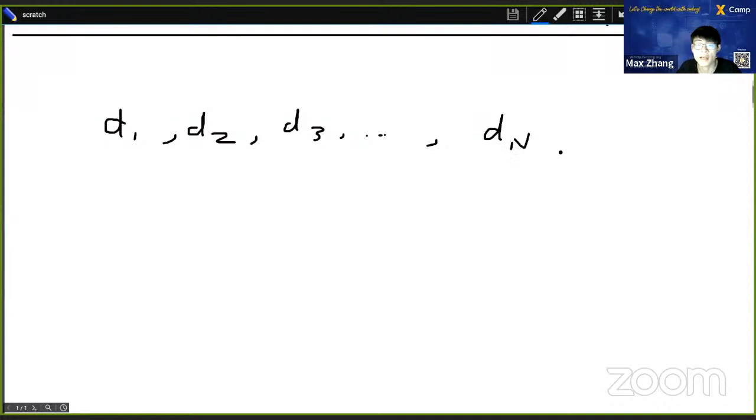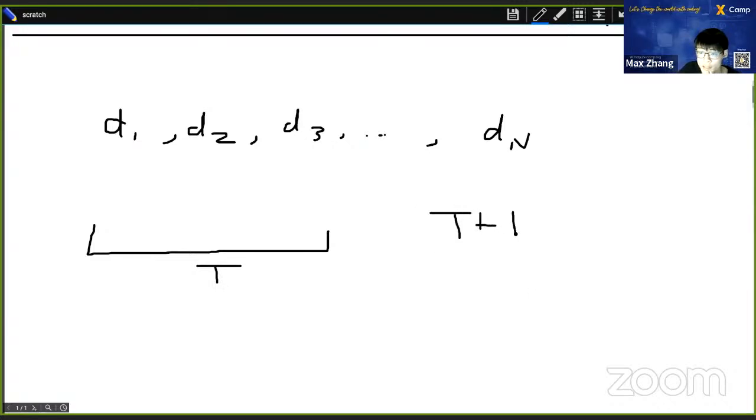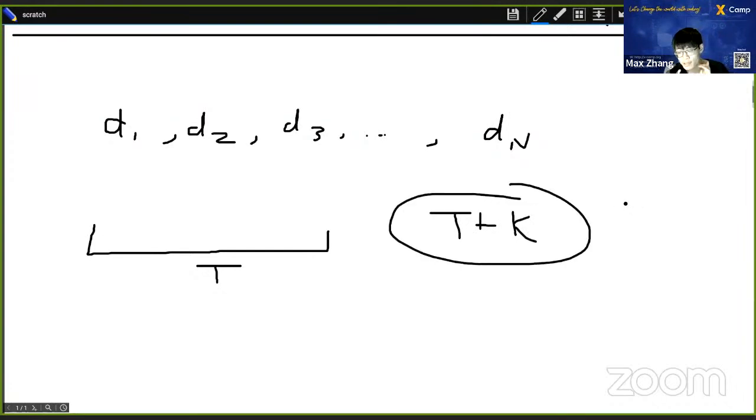So on each of these days, Bessie wants to watch TV, and what she can do is she can purchase a subscription for a contiguous amount of time. And if she purchases, let's say, a subscription for T days in a row, then it will cost her T plus K. That is the cost of a subscription of length T contiguous days.